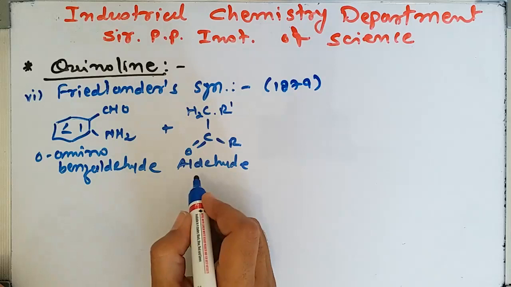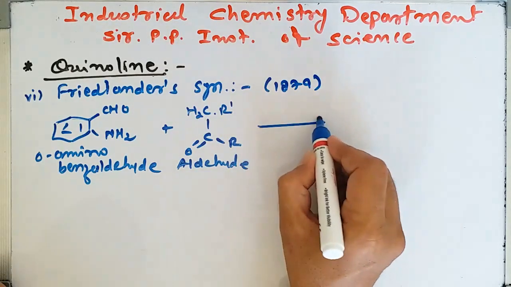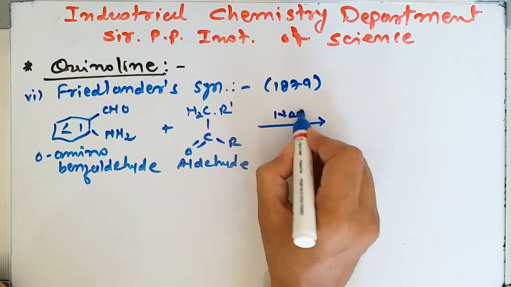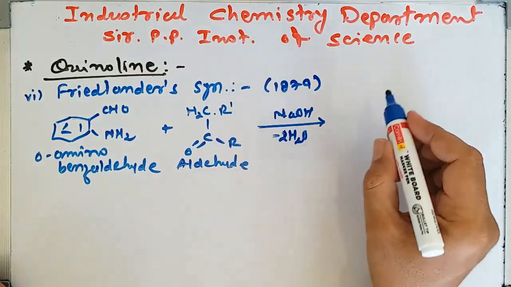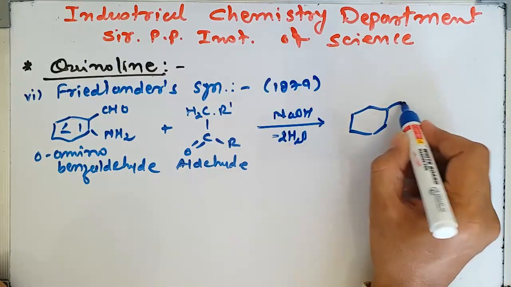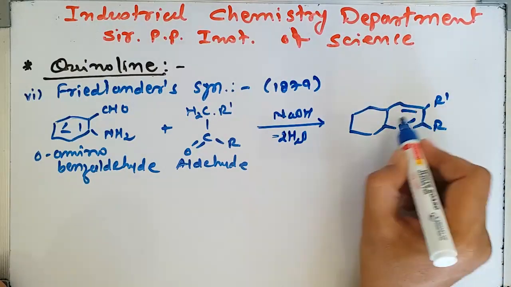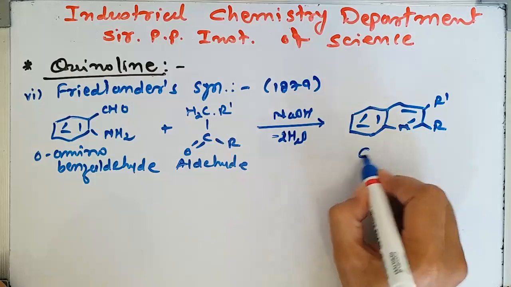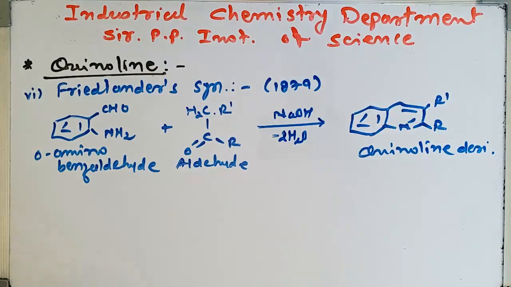So an aldehyde or ketone containing a reactive methylene group adjacent to the carbonyl group, in aqueous sodium hydroxide, NaOH, with removal of 2 water molecules, we get a 2,3 substituted quinoline derivative.